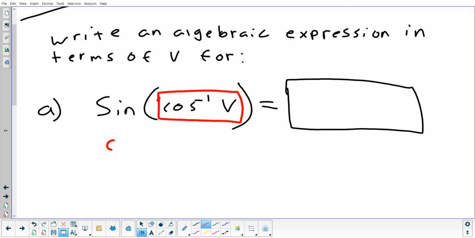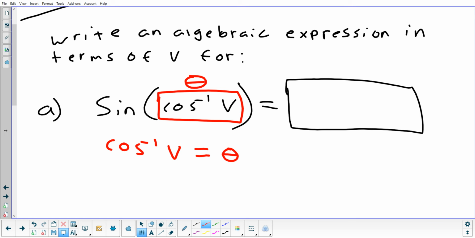So I know that if I take the inverse cosine of something, I'm going to get an angle. So I'm basically just calling this entire red box an angle, because it will be an angle. I don't know what the angle will be, but it will be some kind of angle.